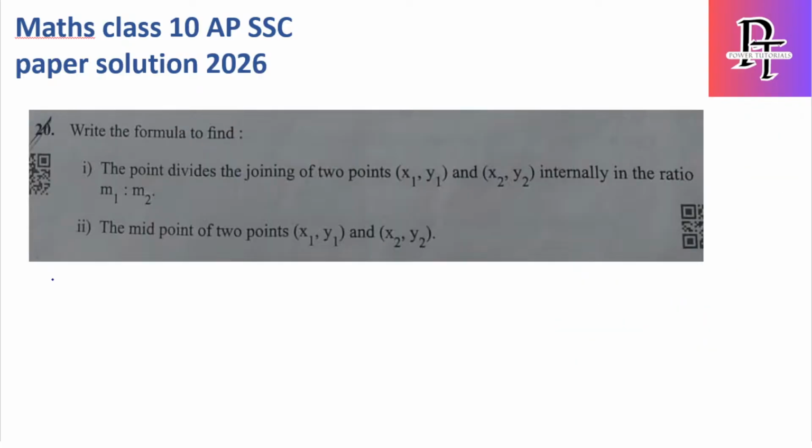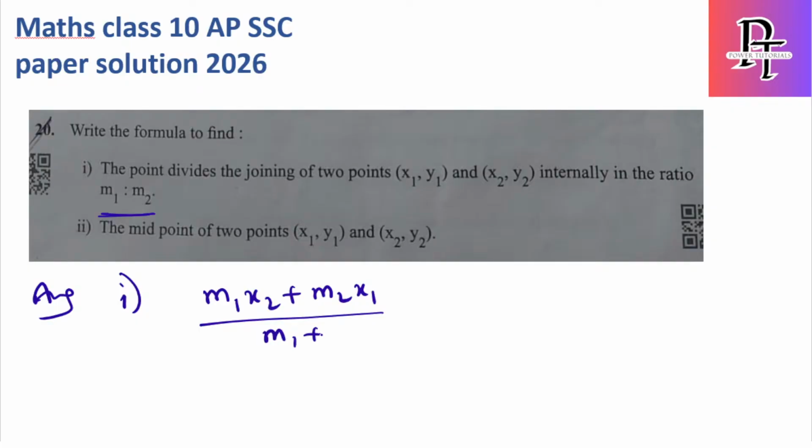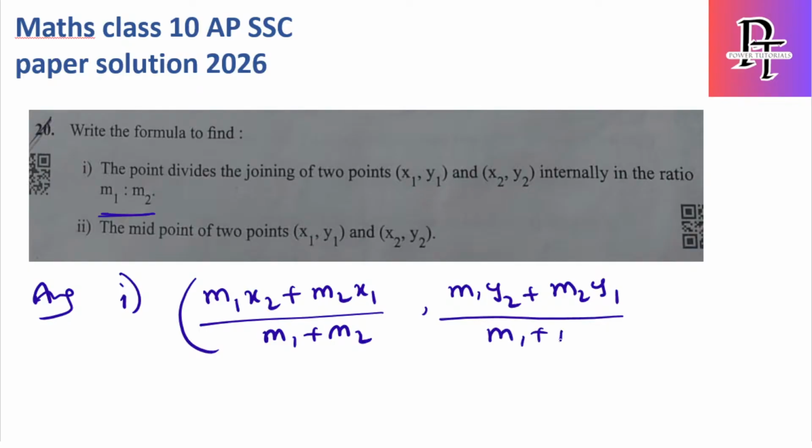Let's move to the 20th question. Write the formula. So simply they are asking for the formula for two conditions. First one, if a point is dividing the line joining 2 points x1 y1 and x2 y2 in the ratio m1 is to m2, then the formula is m1 x2 plus m2 x1 by m1 plus m2, and the y coordinate will be m1 y2 plus m2 y1 by m1 plus m2.